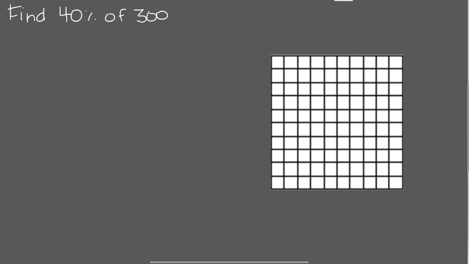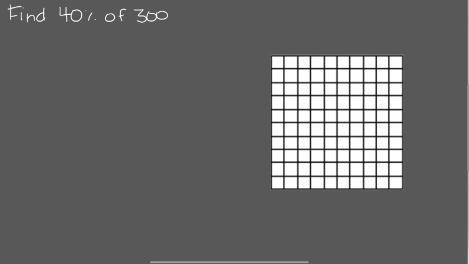So if we're going to do that, what we can think about is how we're doing this conceptually. Remember, percent means out of 100. So I've got a 100 chart there. So there's 100 spaces, and I want to find 40% of 300. So the first thing I might do is take my 300 and divide it evenly amongst the hundreds chart.